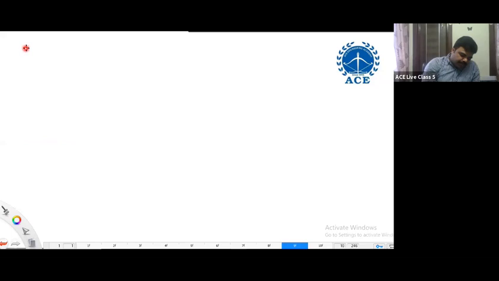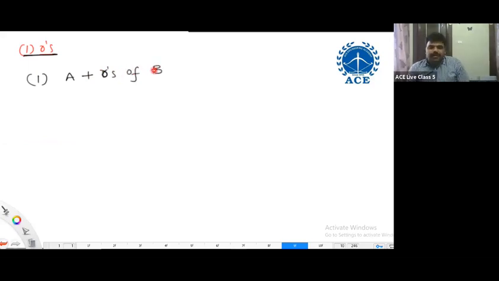First one is the R's complement method. In that, the first step is what we are doing here, A plus R's complement of B. What we are doing here, we are adding.